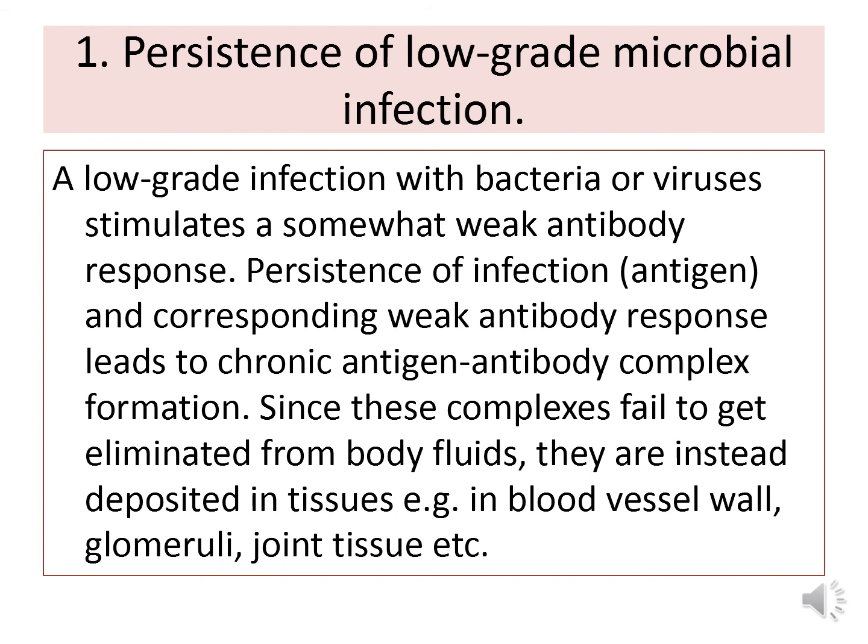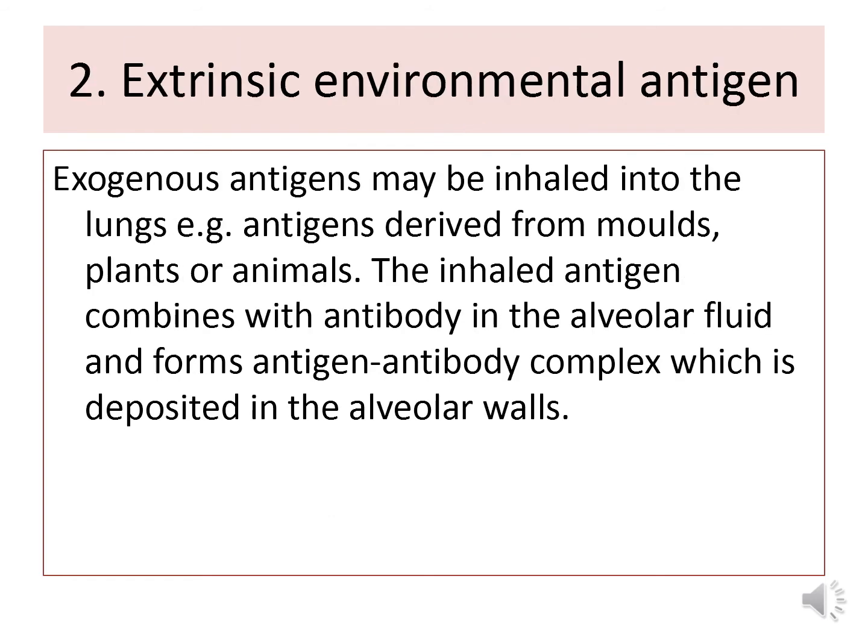Since these complexes fail to get eliminated from body fluids, they are instead deposited in tissues, in blood vessel walls, in glomeruli, joint tissue, etc. And we see then a later tissue reaction for these accumulations.